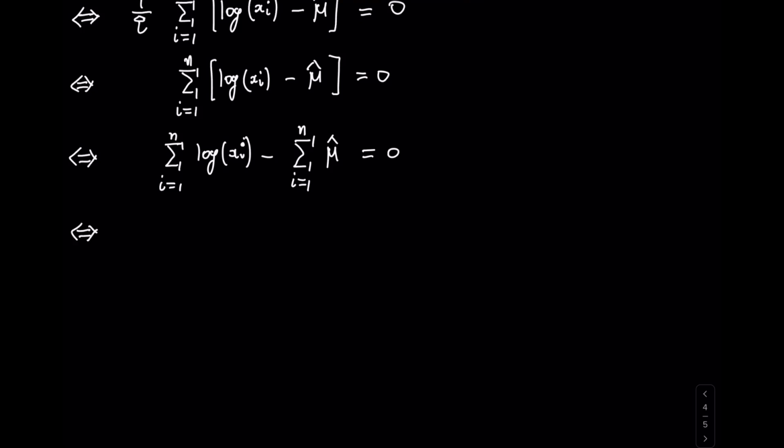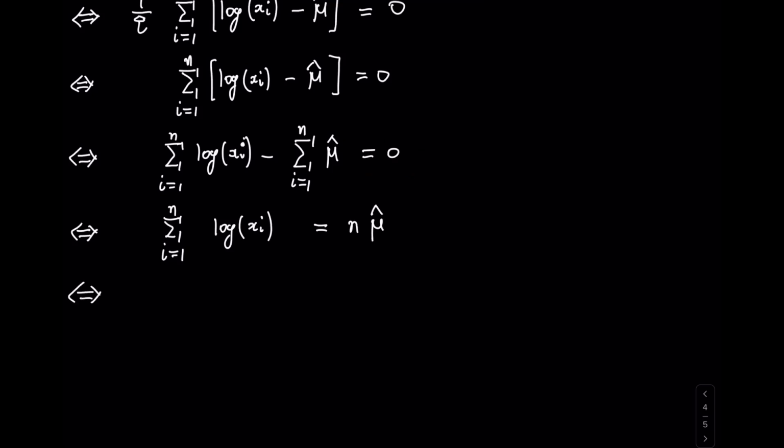And then again, more simplification. We've still got the sum of the log xi. Now, because we're summing mu hat by itself n times, we can rewrite that whole summation as just n times mu hat. And because that's n times mu hat, I'm going to move it to the other side of the equation as well. So that gives us n mu hat.